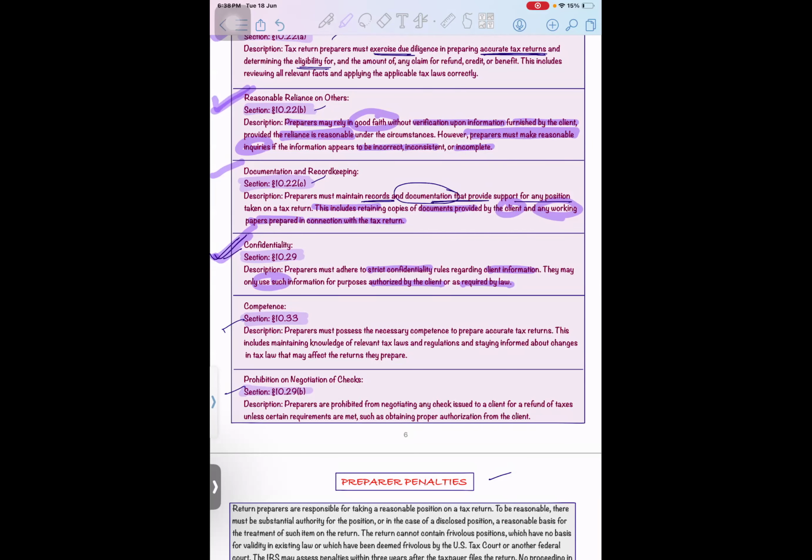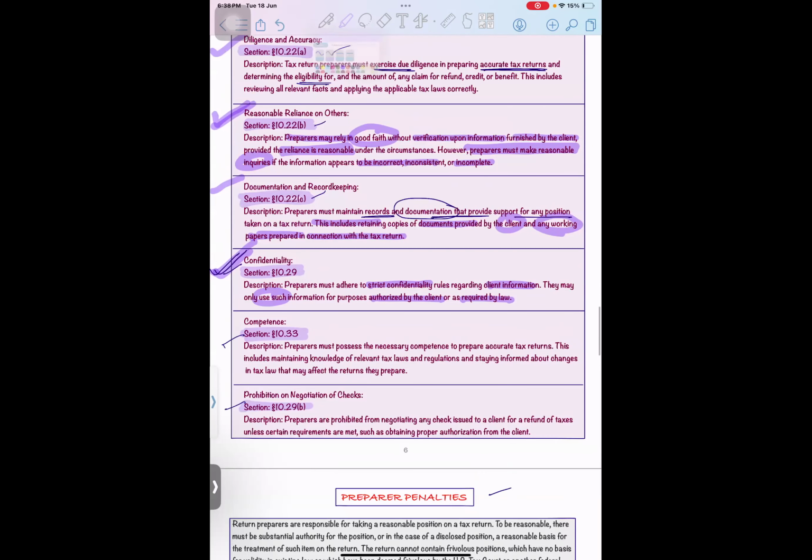So confidentiality is maintained, then you should be competent enough to prepare the return. The preparer must possess the necessary knowledge to prepare an accurate tax return. This includes maintaining knowledge of relevant tax law and regulations and staying informed about changes in the tax law that may affect the return.